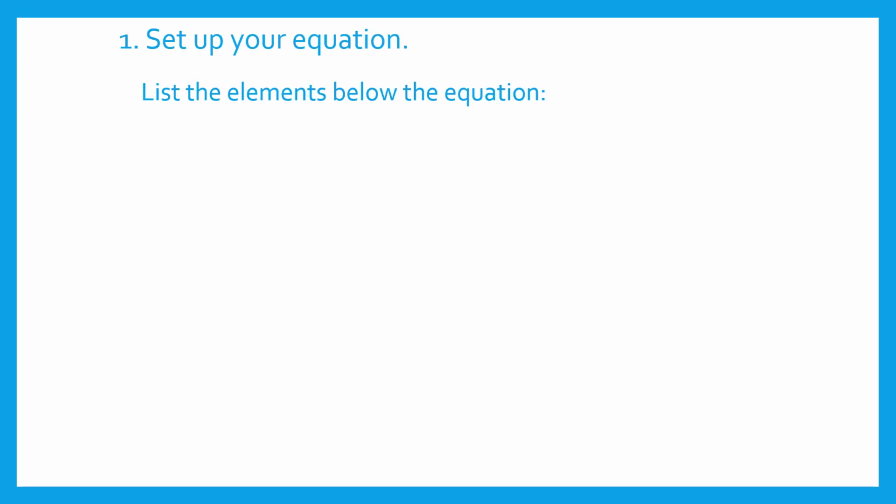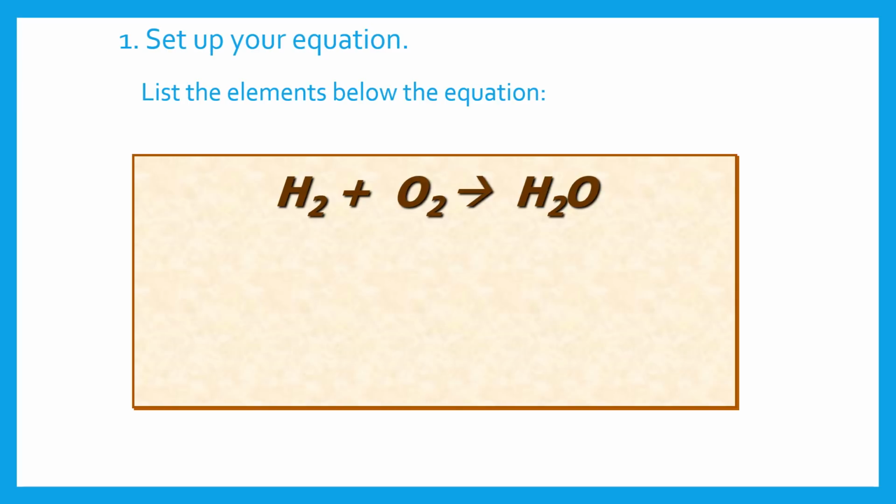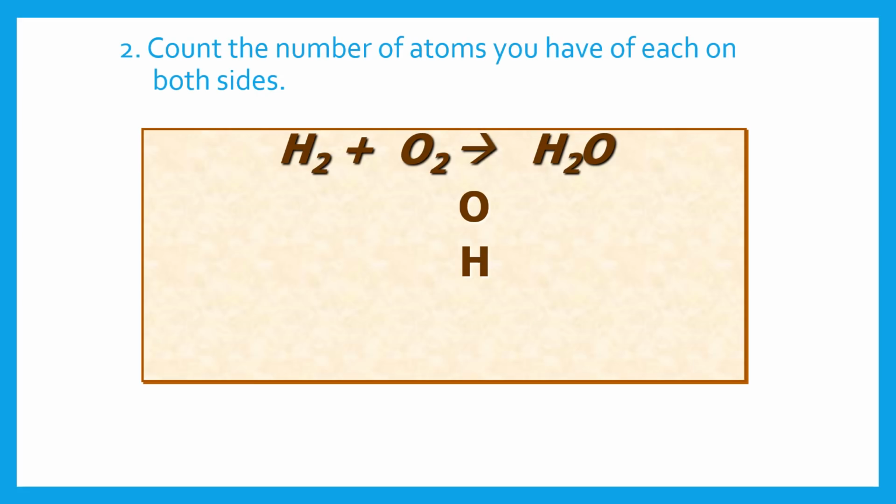So we're going to list the elements below the equation. We're going to do a little bit of practice here. So we have hydrogen and oxygen. We're going to count the number of elements.